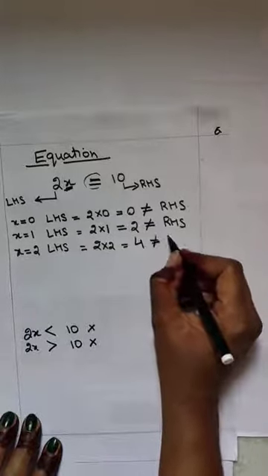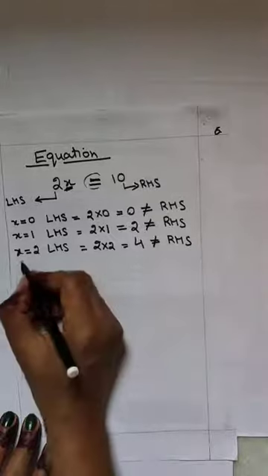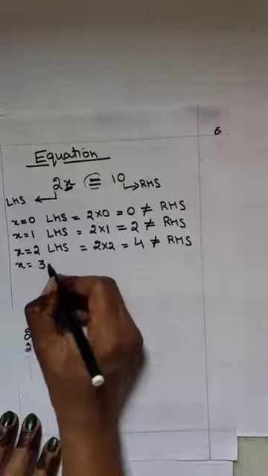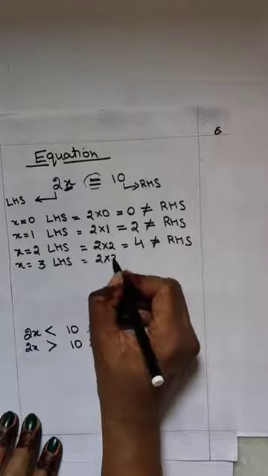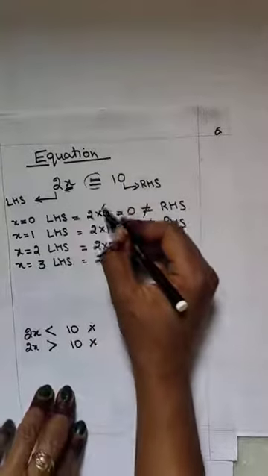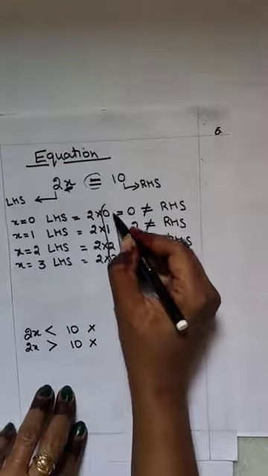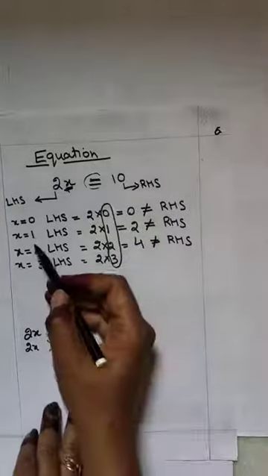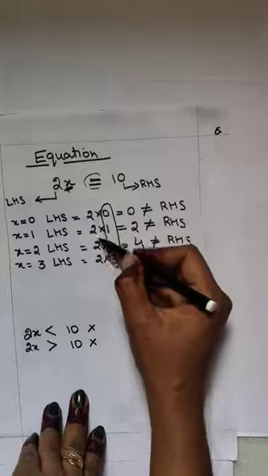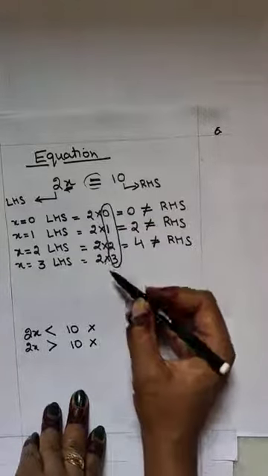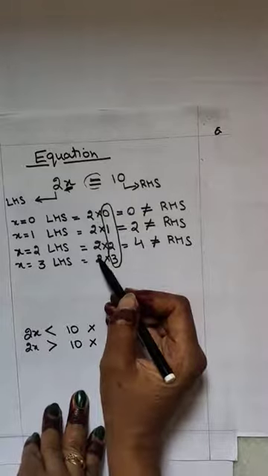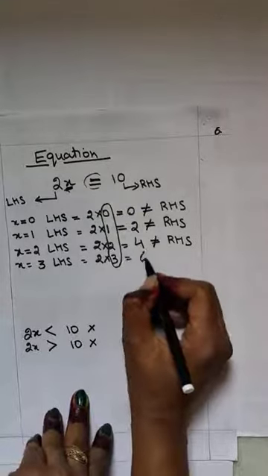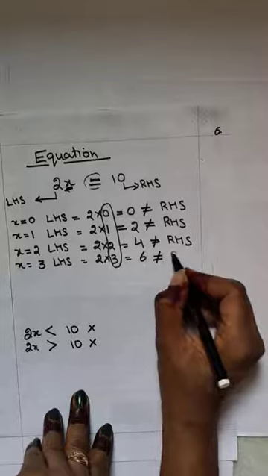This is also not equal to right hand side. x equal to 3, left hand side will become 2 multiplied by 3. In place of x, I am writing the value of x: 0, 1, 2, 3. 2 will remain constant as it is. You will not write down the value of x here. So it is 6. It is not equal to RHS.